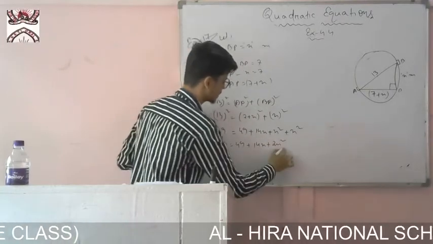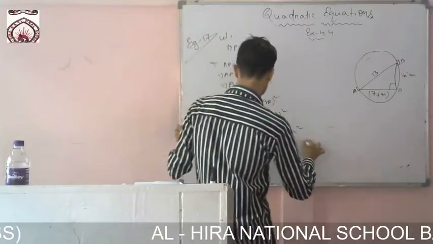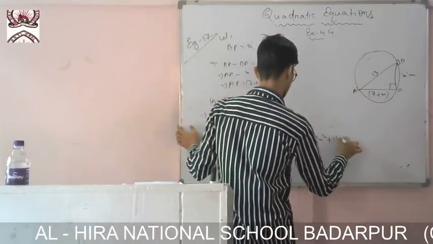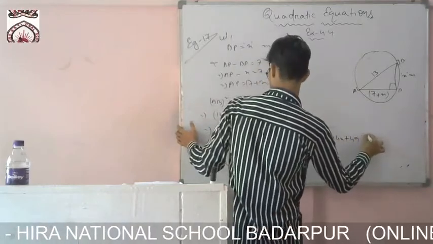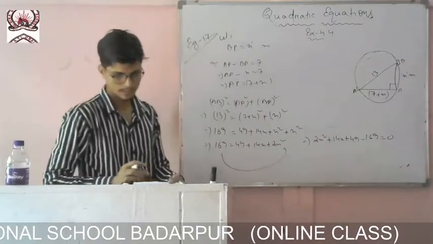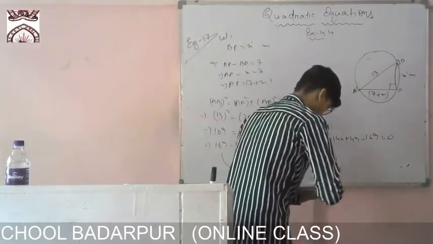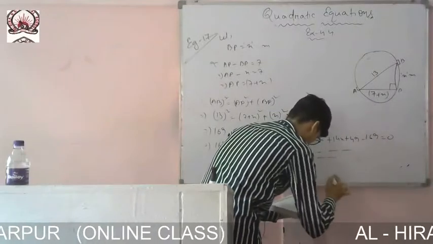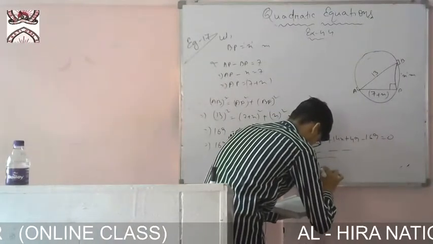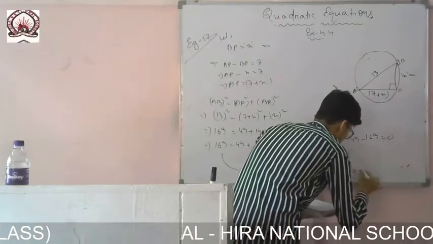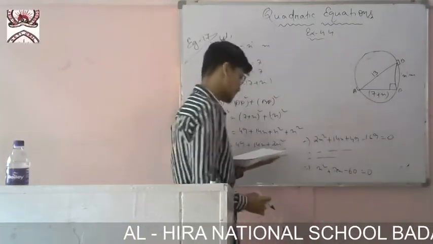If I bring this to this side, let me arrange them: 2x square plus 14x plus 49 minus 169 equals 0. I am not solving this in full; after solving one or two lines, the equation comes to x square plus 7x minus 60 equals 0. So like this the equation comes.